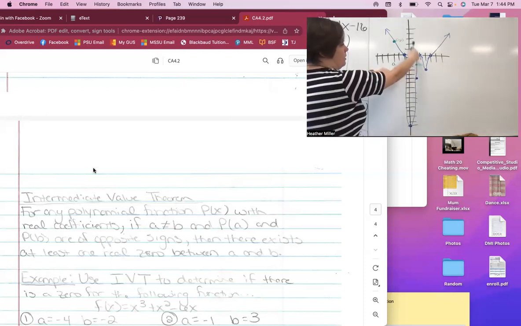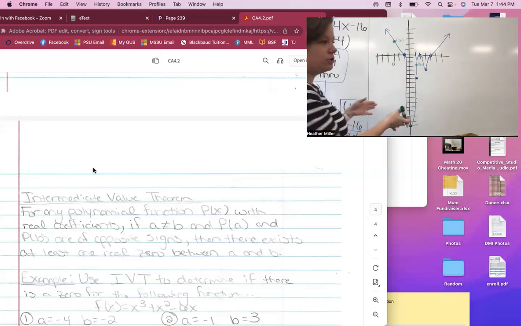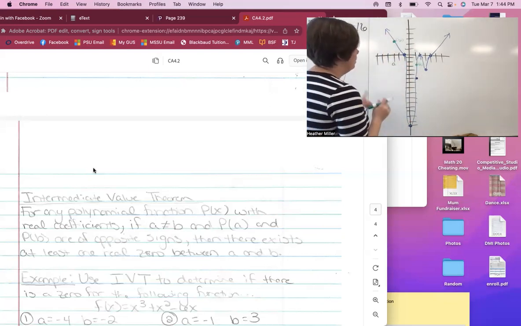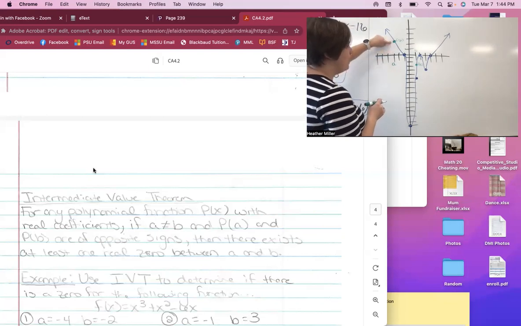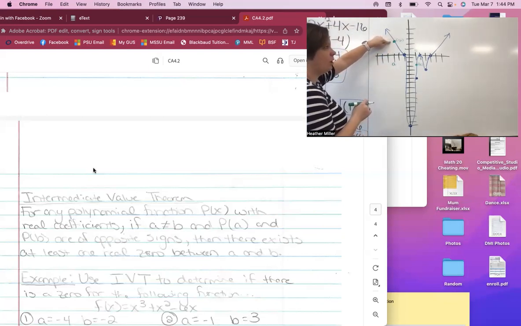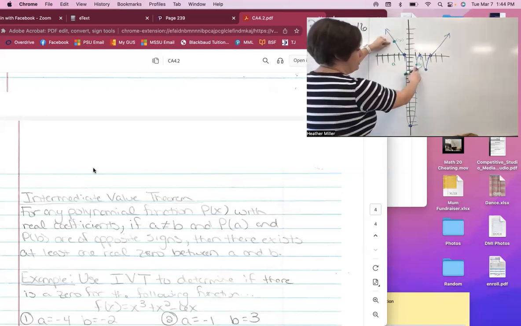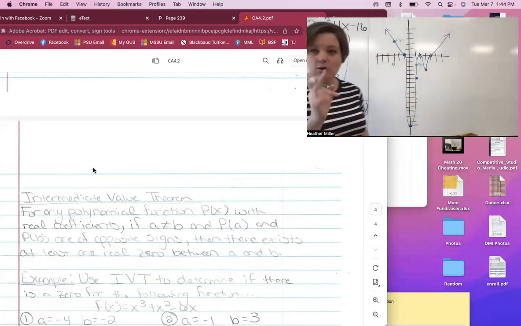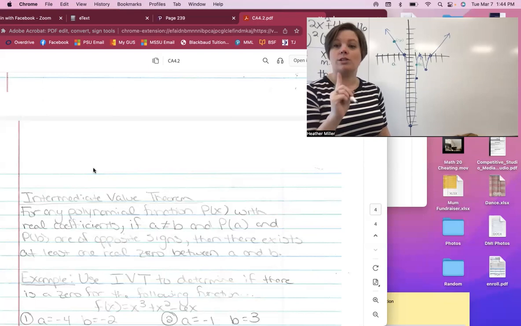So A and B are not at the same point. A happens over here, B happens over here. But look what happens with our F of A. Our F of A is positive. Our Y value at this point is up here. Our Y value down here, our F of B, is negative. And so if the signs are opposite like that, we can guarantee that there's at least one zero.